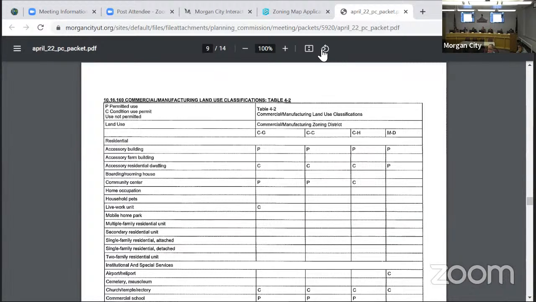We last month passed out this exact same table 4.2, which shows a number of different uses, and then where those uses are approved. So it's either explicitly allowed or not allowed in these different zones.